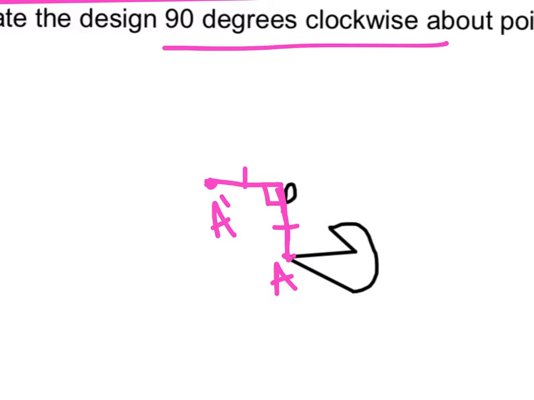Then I would repeat the process with the next pre-image point. For instance, this point. Connect this point, the original pre-image, to point P. Make a 90-degree turn. Copy that same distance. This would be my point B prime. Keep going.